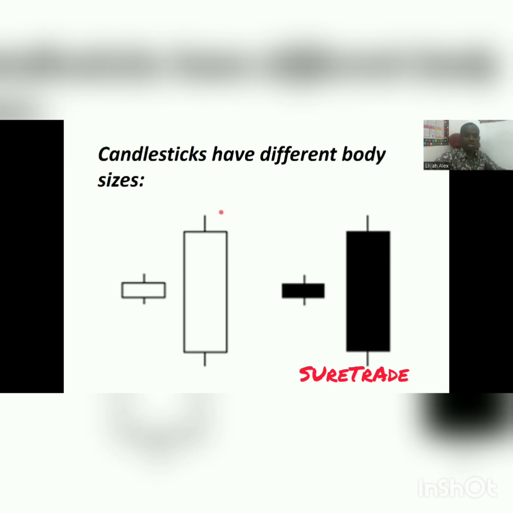If you see a bullish candlestick formation as big as this, it means that the buyers are very dominant around there. And if it's very small, it shows a small influence of the buyers. While this one shows the influence of the sellers.